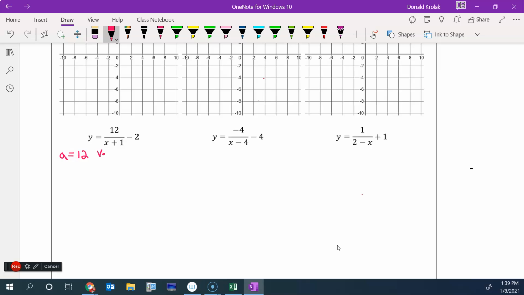So that's going to be a vertical stretch by a factor of 12. And the way that I achieve that is I take all the y coordinates and I multiply them by 12.